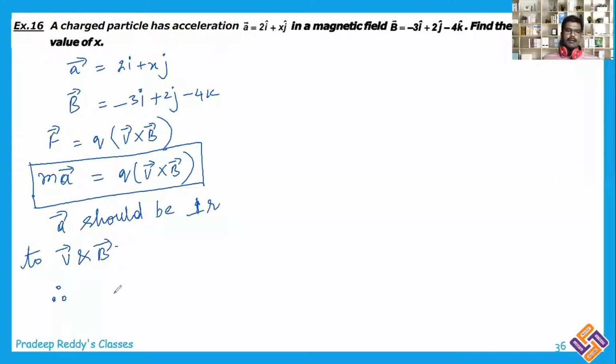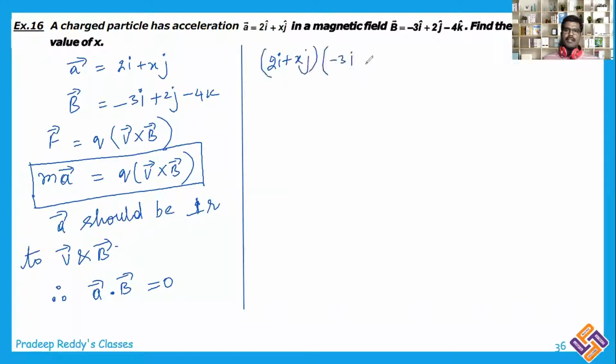Therefore, A bar dot B bar should be equal to 0, since A bar and B bar are perpendicular to each other. A bar is 2I plus xj, and B bar is minus 3I plus 2j minus 4k. The dot product of these two vectors should be equal to 0.